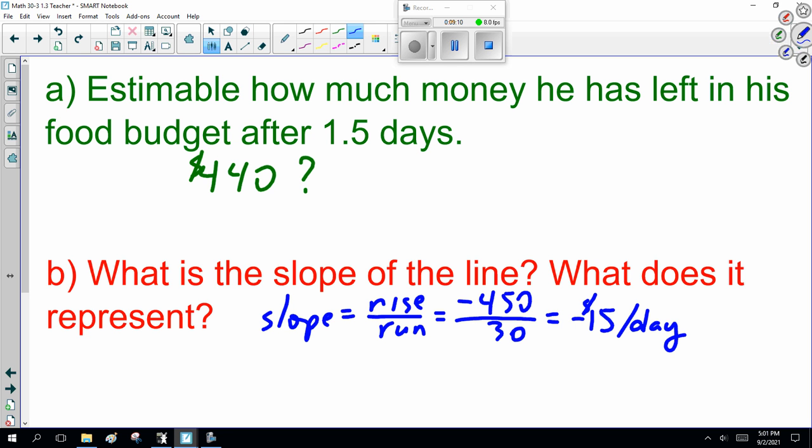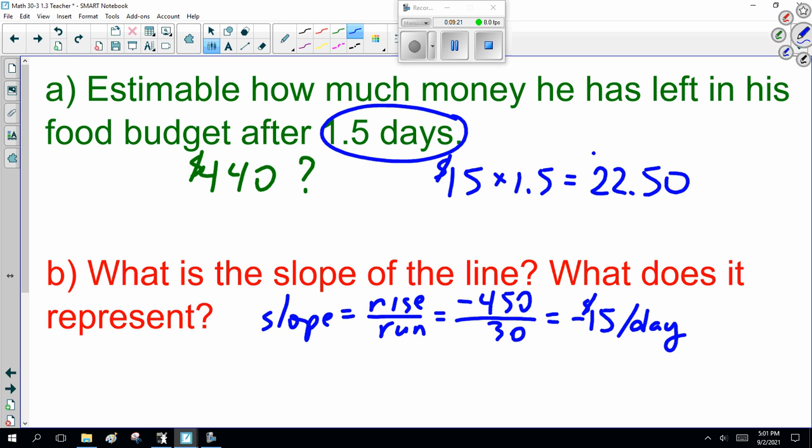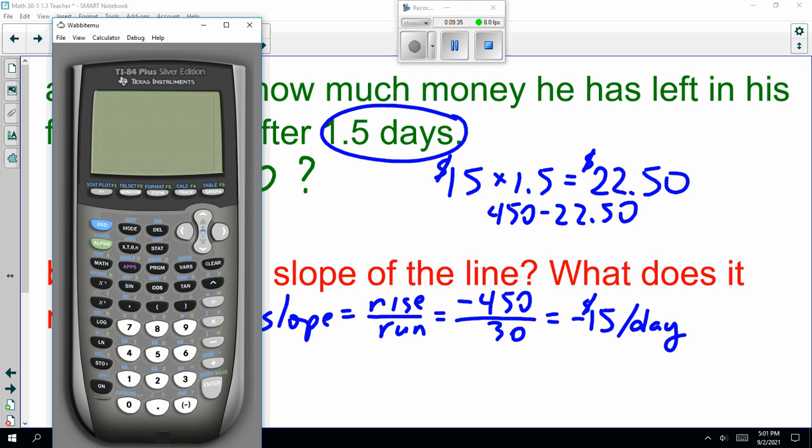Now, $15 a day times 1.5 days is 22.50 he'd spend here. So the actual answer is 450 minus 22.50, which is, I can't do that in my head anymore. I'm double checking my math. $15 a day times 1.5 days is 22.50. So 450 minus 22.50 is 427.50.